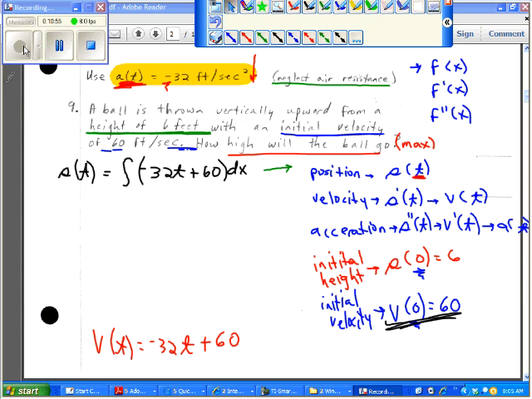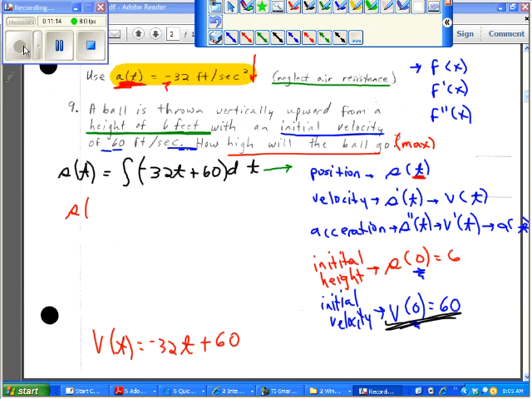I keep putting that x in there. Thank you. The variable of integration. I got to get my variable of integration right. I keep going back to that alphabet. Thank you.